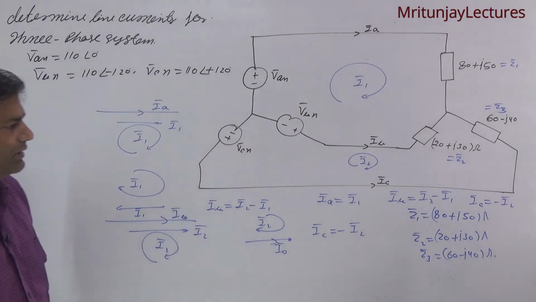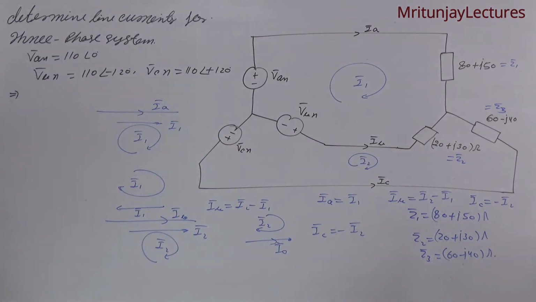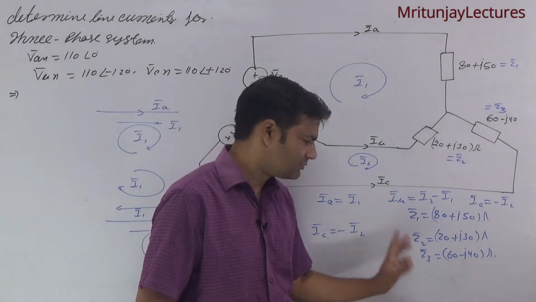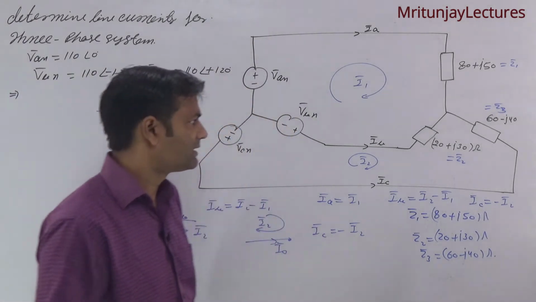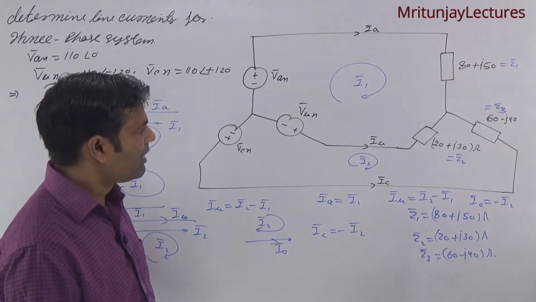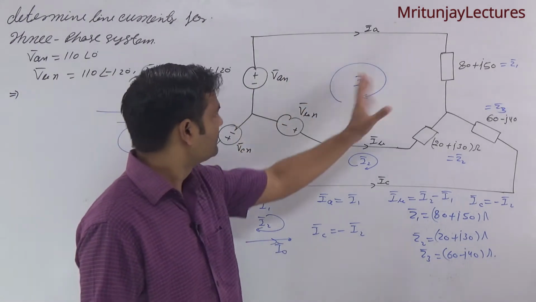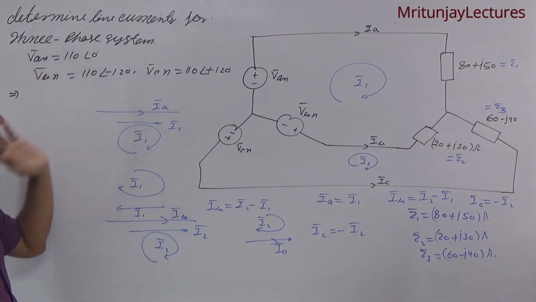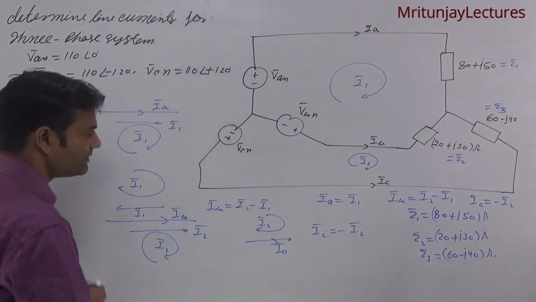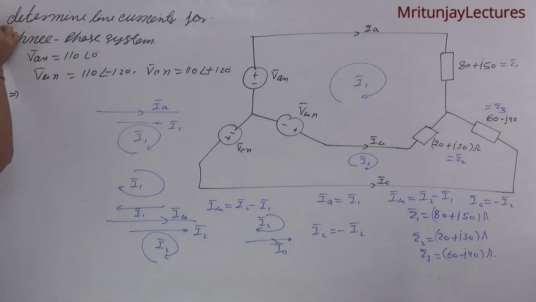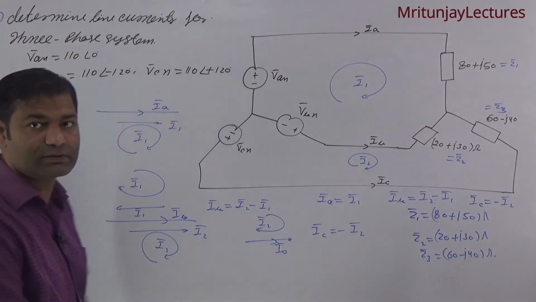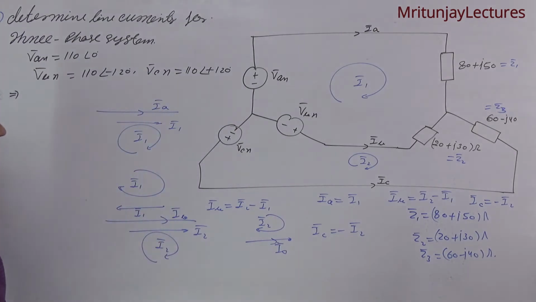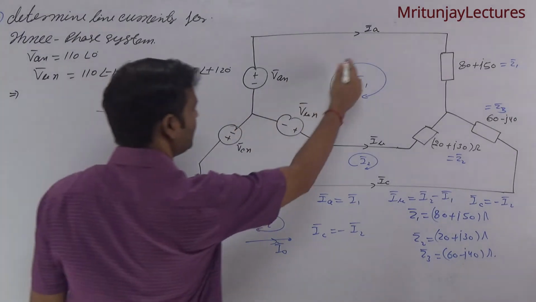Okay, now next target is to determine V of A. First of all, VAN, VBN and VCN are given. This is question number 57. Now apply KVL in this loop.